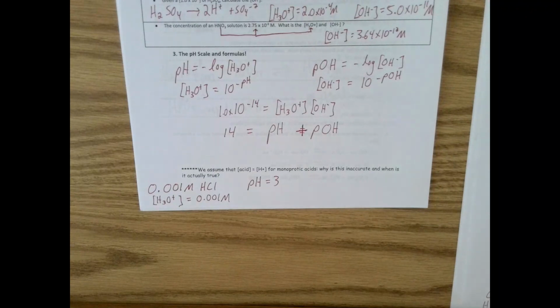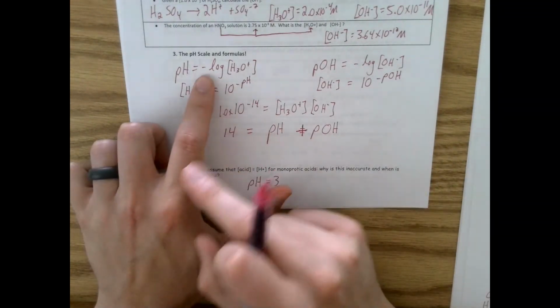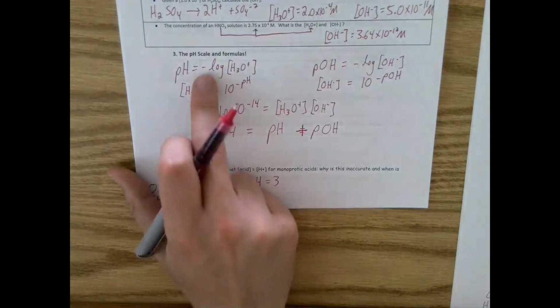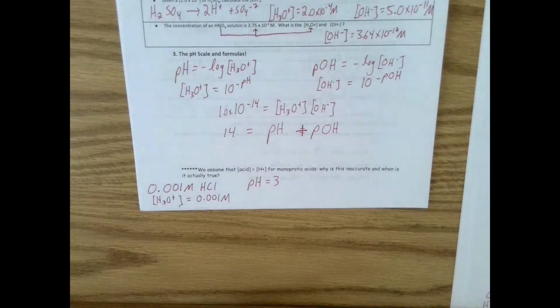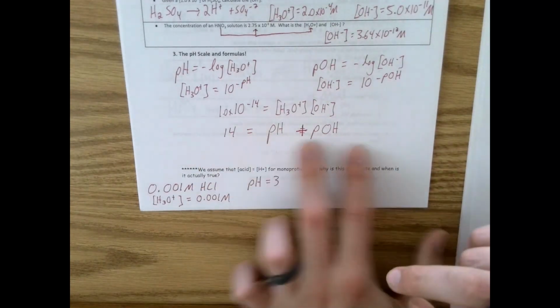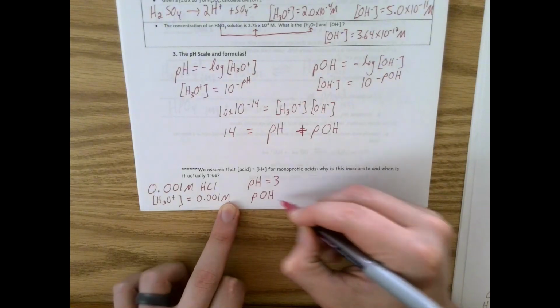Feel free to type in the negative. When I type it in, I always leave the negative off. Your answer will always come out as negative, and that negative just cancels it. So if you want to drop that off, you can, to write the positive version of that. Okay? So then, using this formula, what is the pOH? 11.